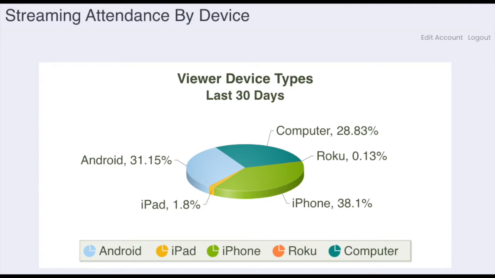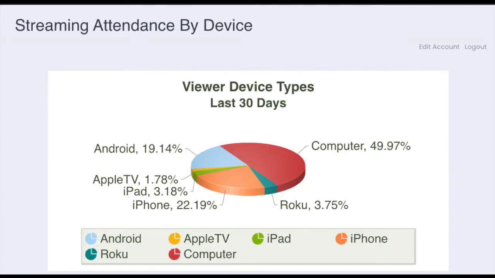This is a pretty typical representation of what we see for a lot of churches. Obviously, yours is going to be different. Yours is going to be unique. That's why it's really important that you go in and look at yours specifically. What are those numbers, and what kind of device are they coming to your streaming platform with?